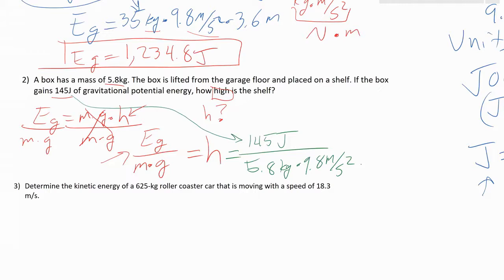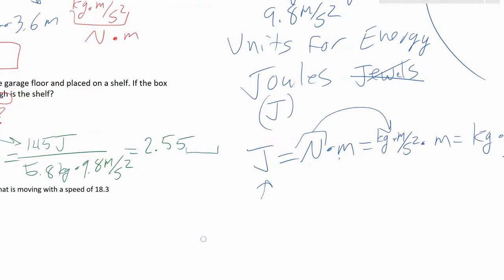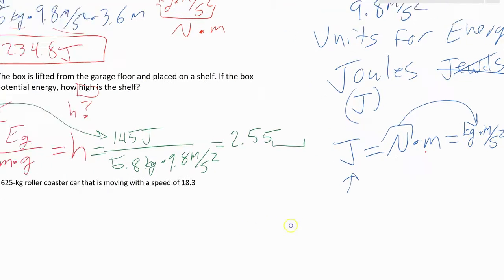And the number that I get is 2.55, and I'm hoping that I get meters in the end because this is height, but let's go ahead and double check to make sure that the units work. A joule, remember, is a newton times a meter, or a kilogram times meter per second squared times meters.